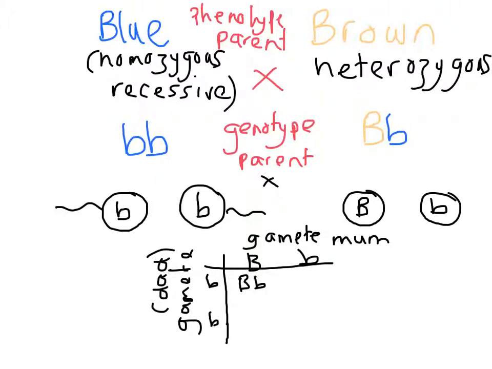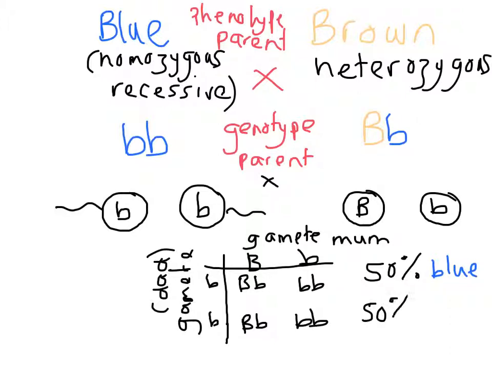So then we fill in our genetic cross. So we've got a genotype big B, little b, big B, little b, big B, little b. Oh, no, I made a mistake. So that is little b, and little b. So we've got 50% will be blue, and we have 50% that will be brown and heterozygous.